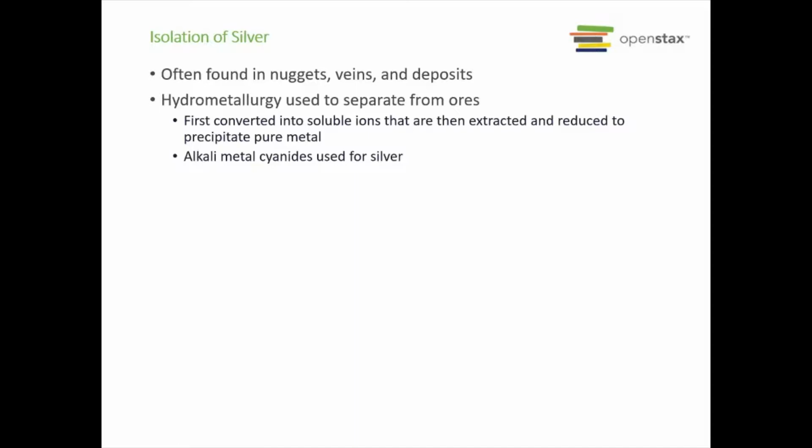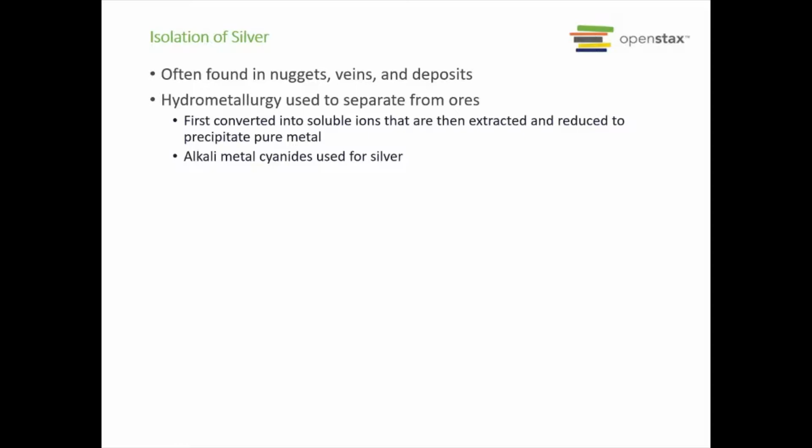So the next one we're going to talk about is silver. Silver is often found in nuggets, veins, and different deposits, so it's all over the place. One thing I thought was an interesting little factoid was that platinum was discovered because Spanish explorers in Central America mistook platinum nuggets for silver, and it turns out it was platinum. When it's not in the form of nuggets, hydrometallurgy is used to separate silver from the ores.